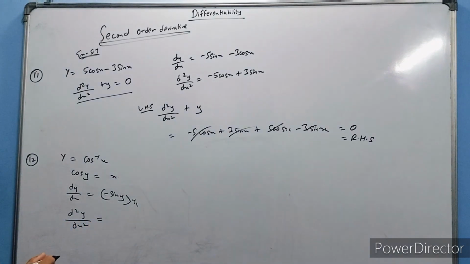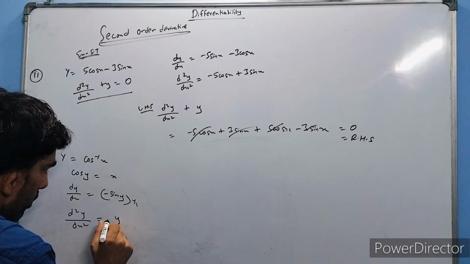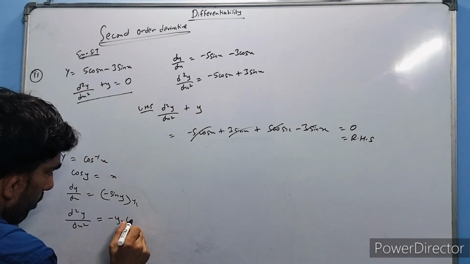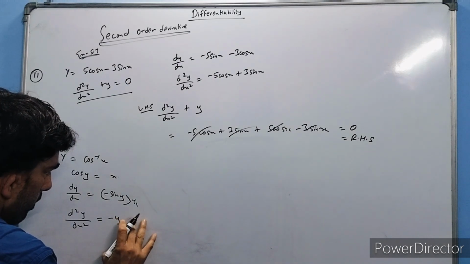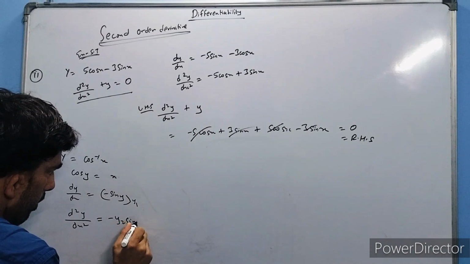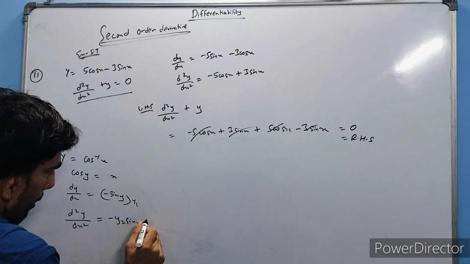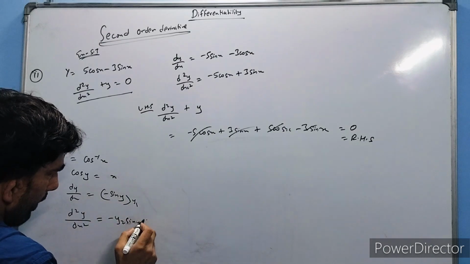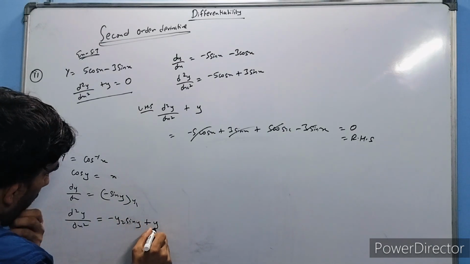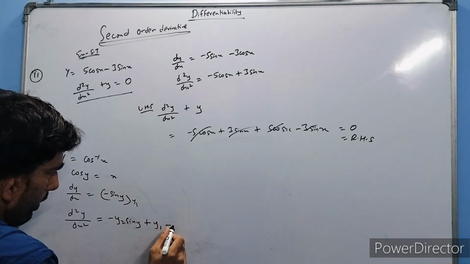So I got here y2 times minus sin y, plus y1 times minus cos y here.